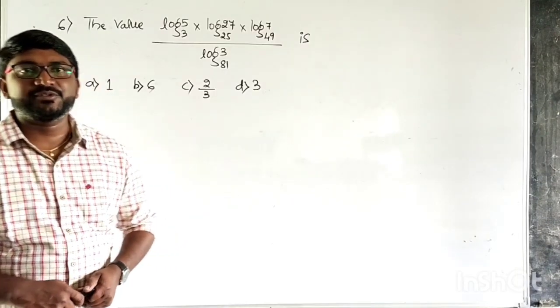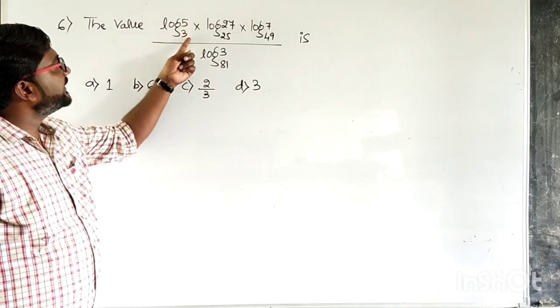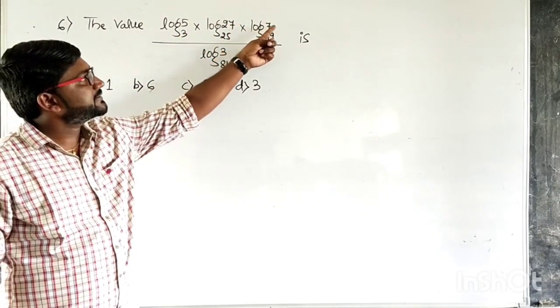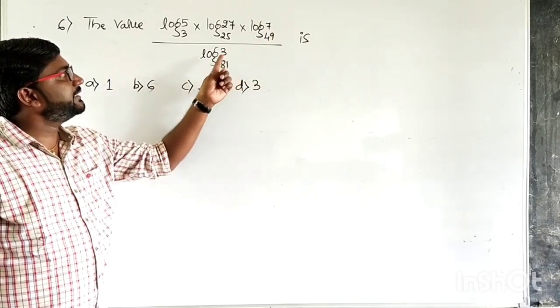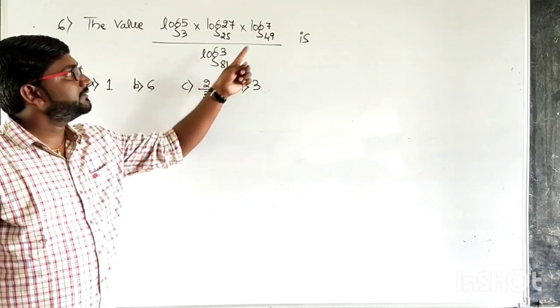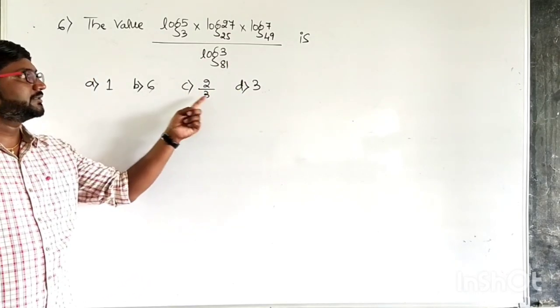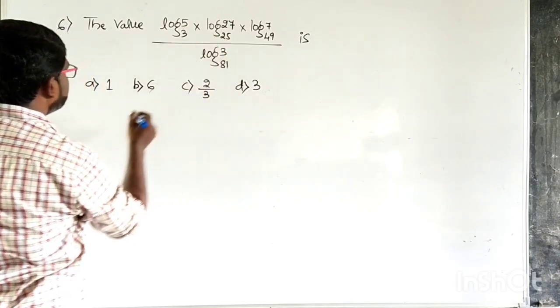Well, the sixth question is the value of log 5 to the base 3 into log 27 to the base 25 into log 7 to the base 49, whole divided by log 3 to the base 81 is, the four options are 1, 6, 2 by 3, 3. So let us write this as it is.